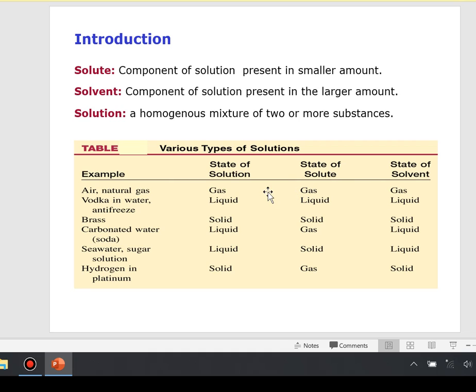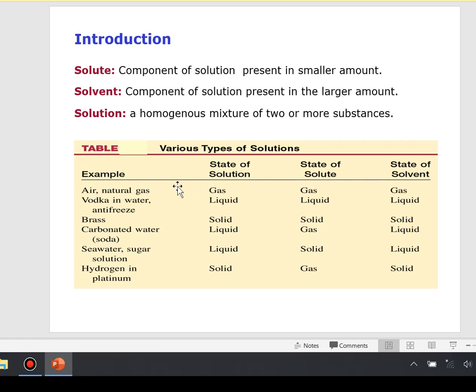First, the solution in which solute is gas and solvent is also gas. For example, air and natural gas are examples of solutions in which the states of both solute and solvent are gaseous.